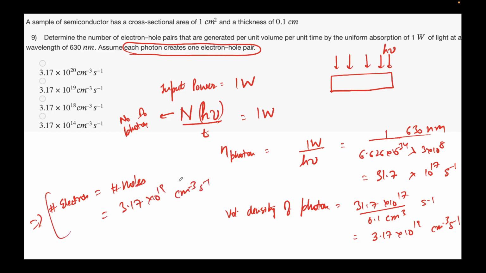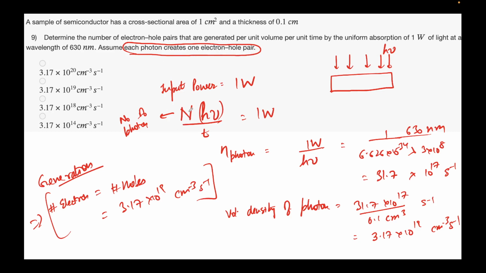I can write this because this is only due to generation. I'm not talking about the background doping, whatever it has. This is just the effect of generation, that it has created this much volume density per unit second of electrons and holes, because each photon is generating one electron hole pair.